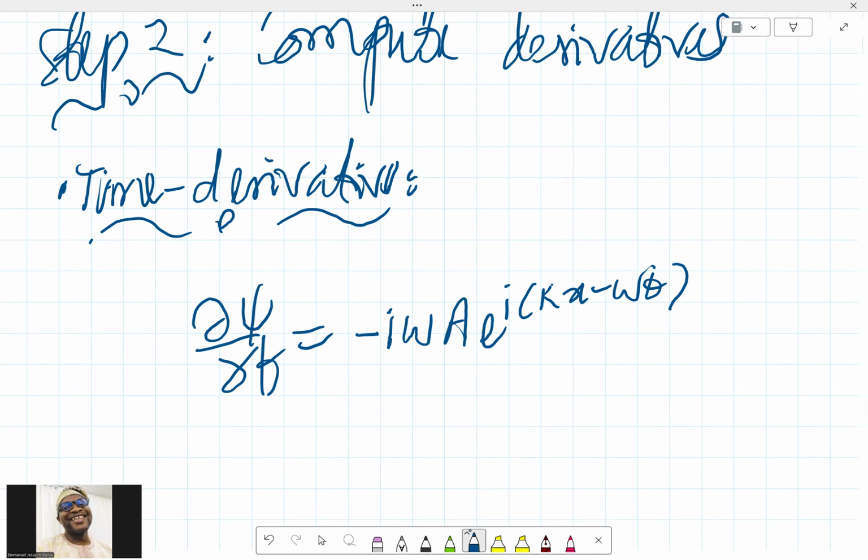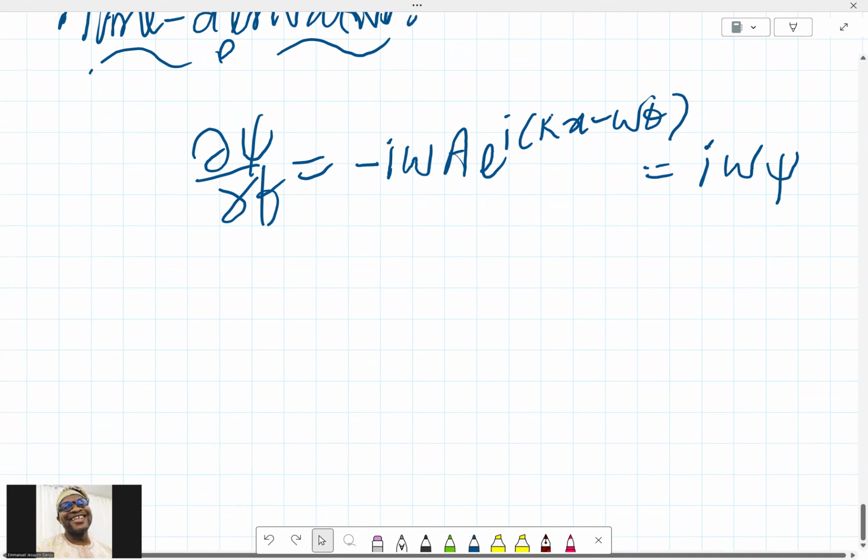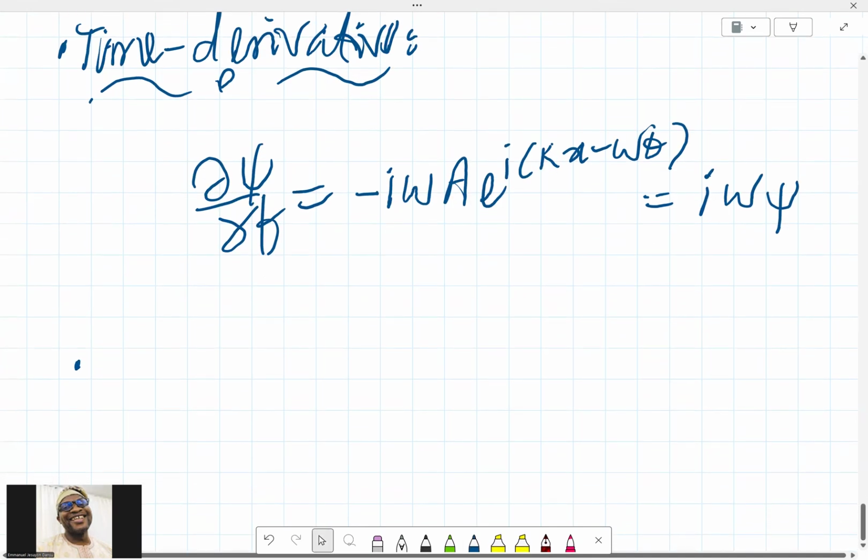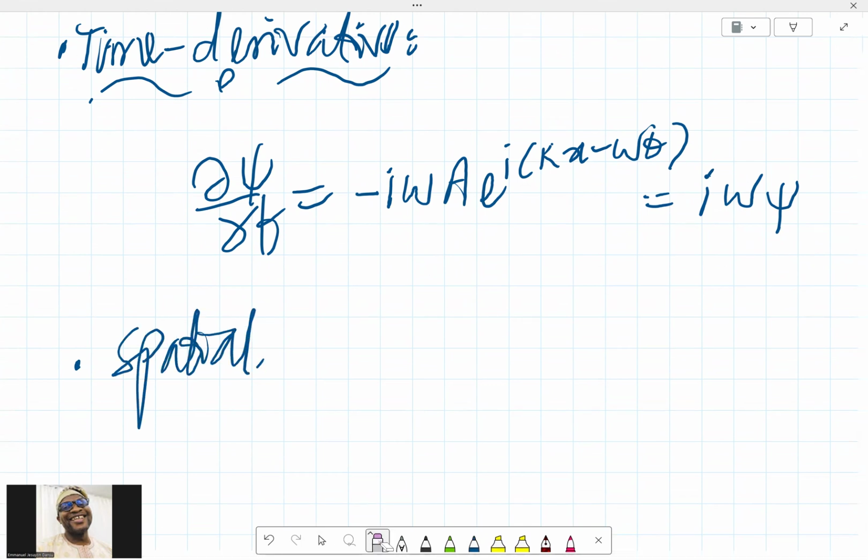And the whole of this is just the same as minus i omega psi. And then we also have the spatial derivative of the same expression.